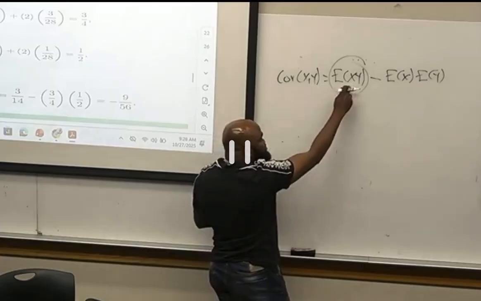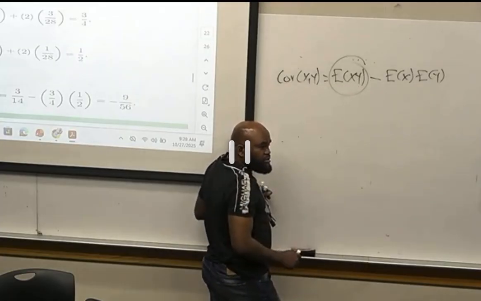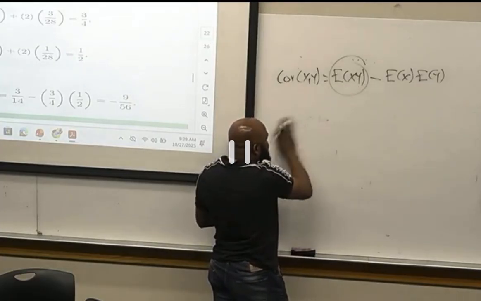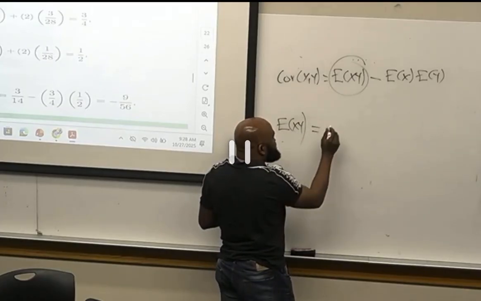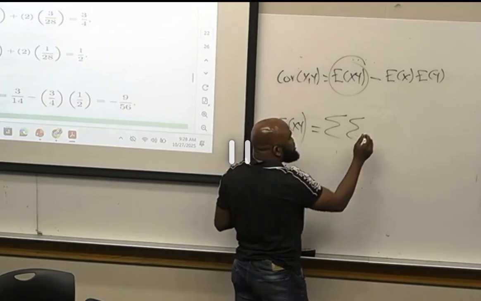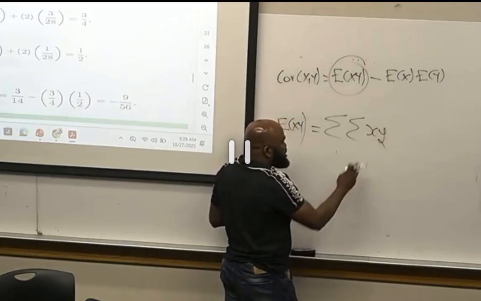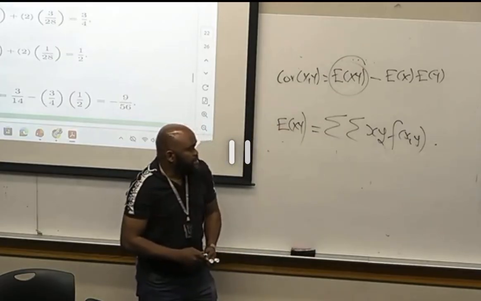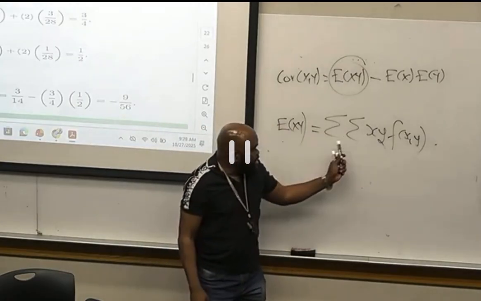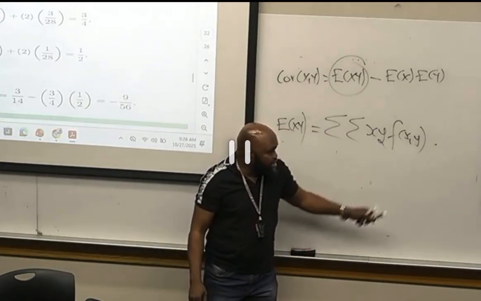How do I find it? Summation, since this is discrete. Expected value of XY is the summation of xy times f of xy.